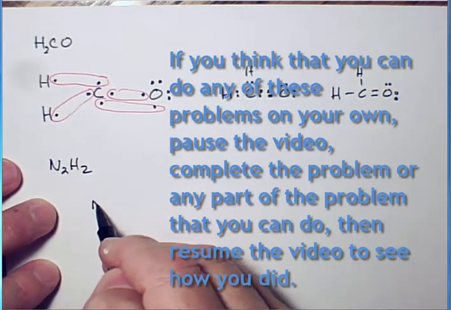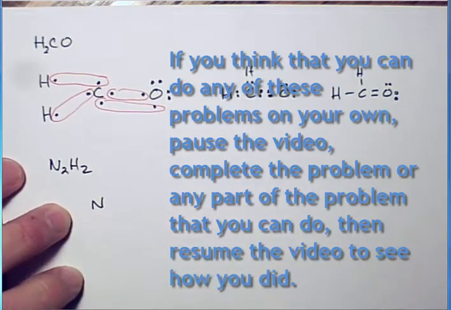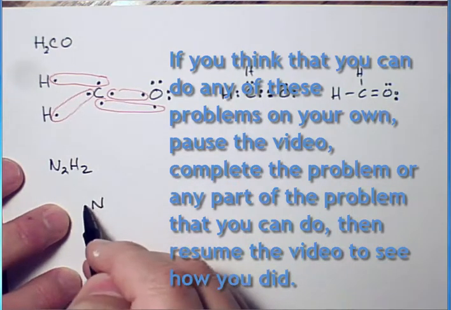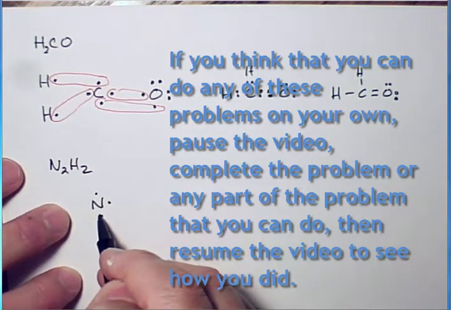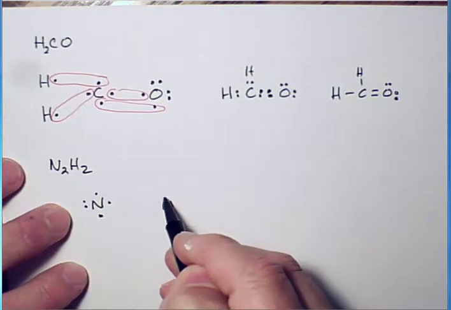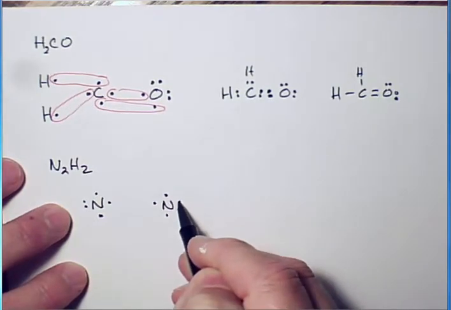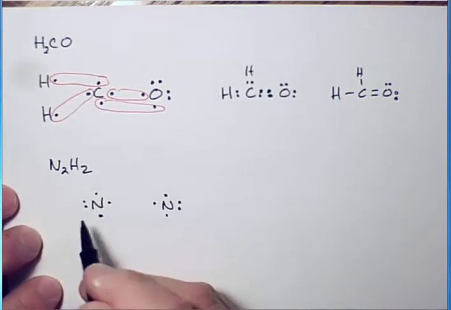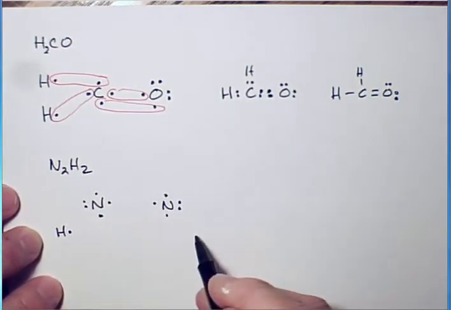So let's see, how many electron dots do you put around a nitrogen? 5. How many dots do you put around a hydrogen?